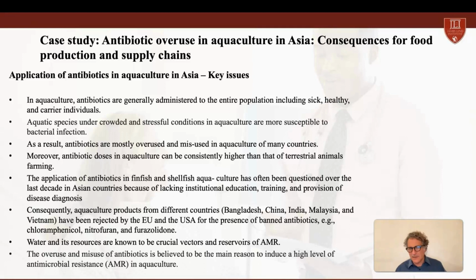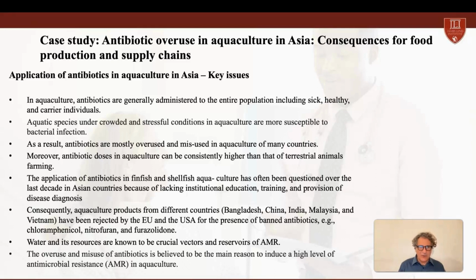It's easier, if we consume raw fish, to have for example antibiotics go straight into our body, and our body will develop resistance. So the problem is higher in aquaculture compared to inland farming.